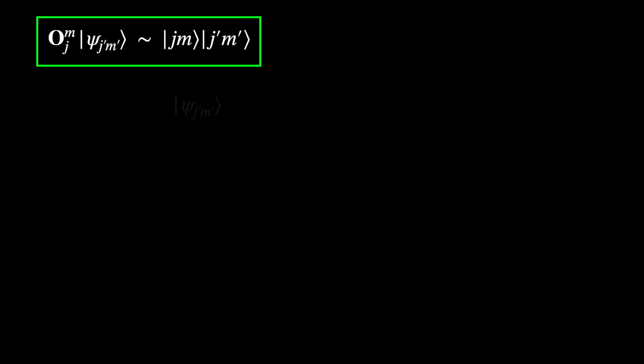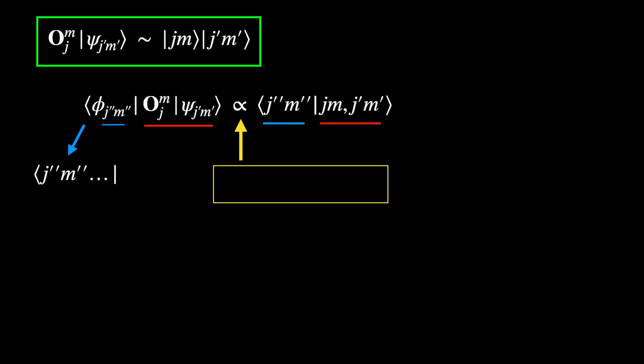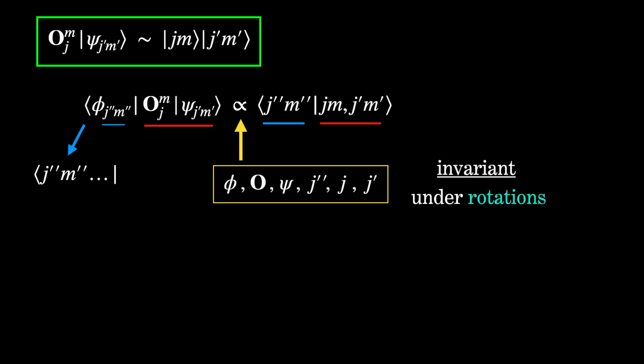Let's apply this result to the matrix element in the Wigner-Eckart theorem. The constant associated with this proportionality carries all the rotationally invariant quantities associated with the operator O and the two states of the matrix, phi and psi. Of course, these also include the quantum numbers J double prime, J, and J prime.